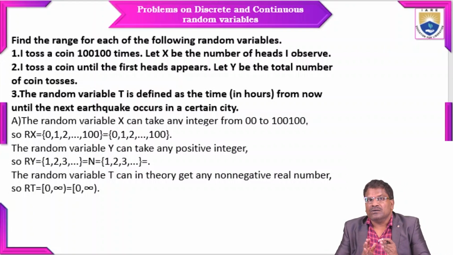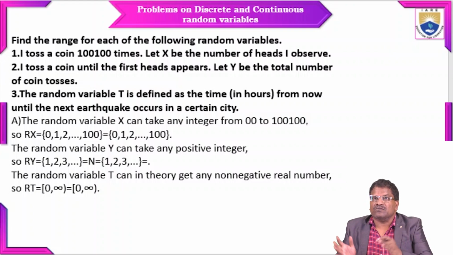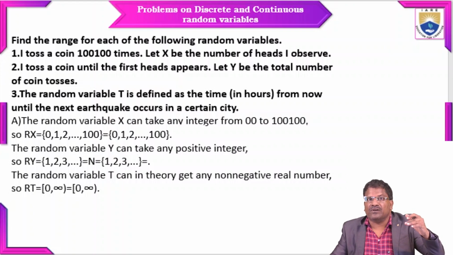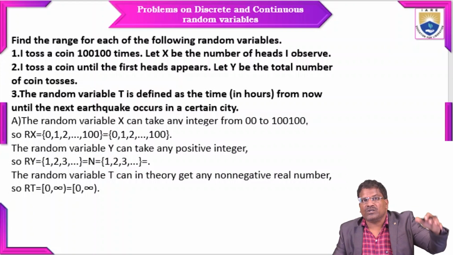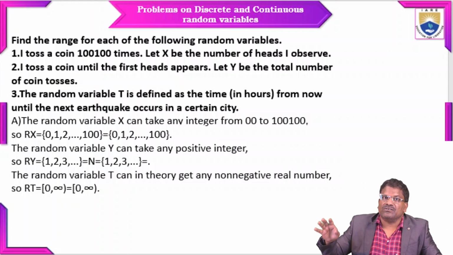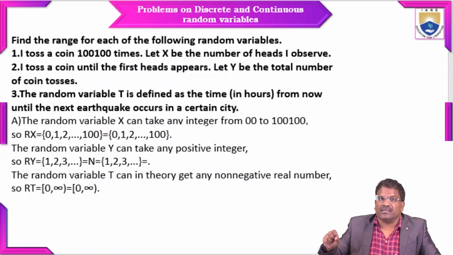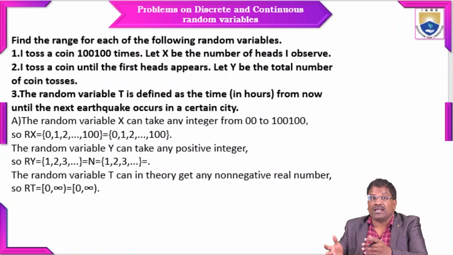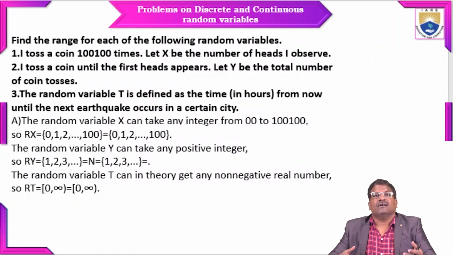We should have a proper idea about discrete and continuous random variables. A discrete random variable is always meant for countable things, so the number of events is finite. For a continuous random variable, the events are infinite, that's why its values lie between some particular interval or range. That is the main difference between these two important random variables.